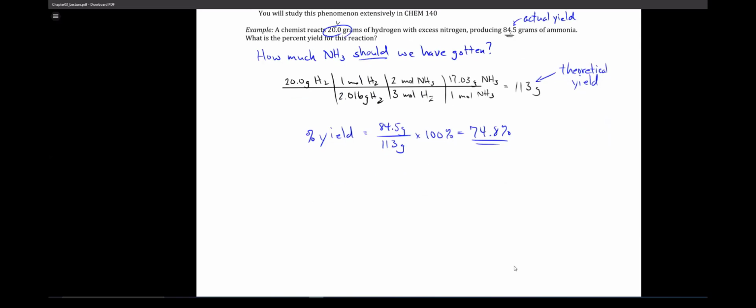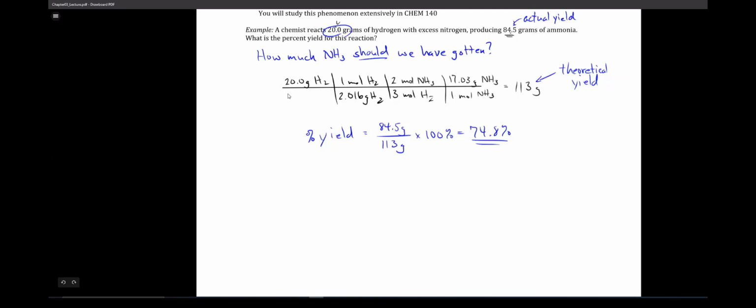If you repeated this multiple times and you got this result, let's say it's 75%, then when you're planning your reaction, you're always going to plan to get 75%. So if I really needed 113 grams, should I have used 20 grams once I know how this reaction is going to act?